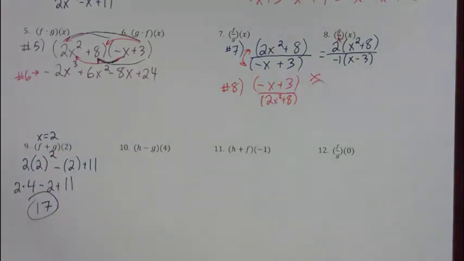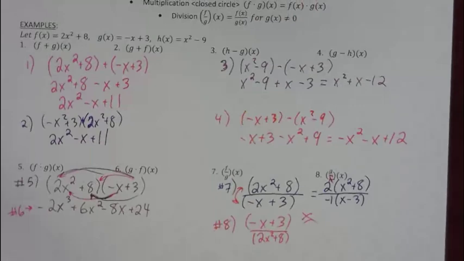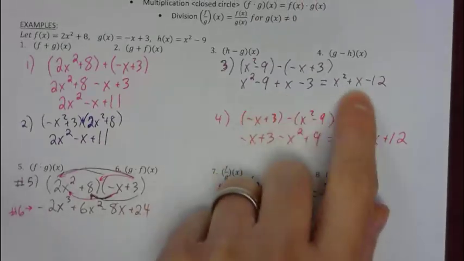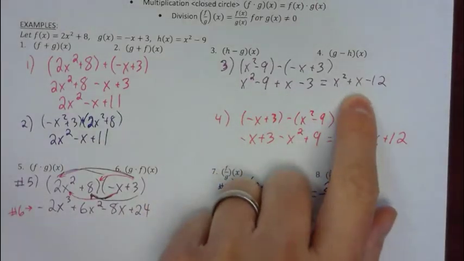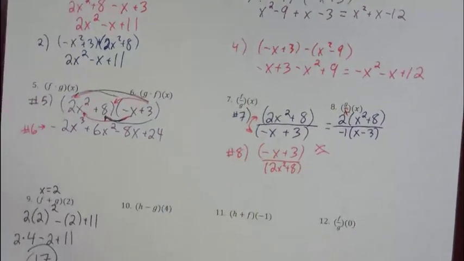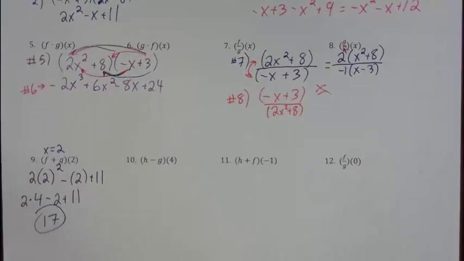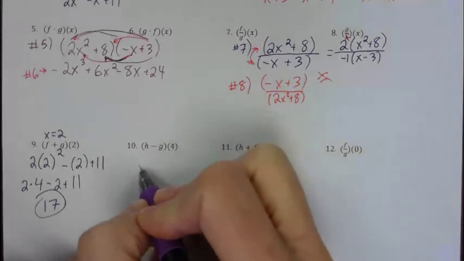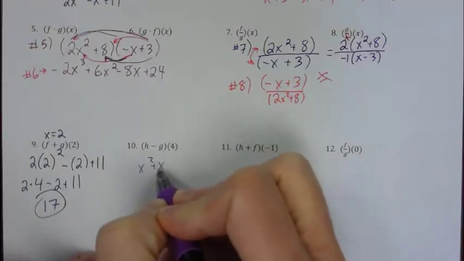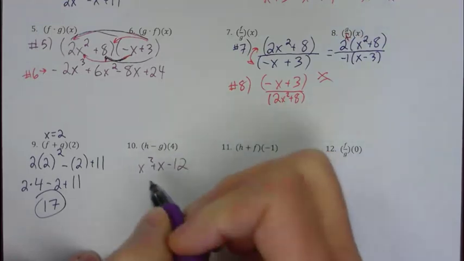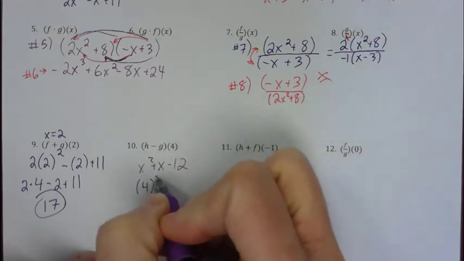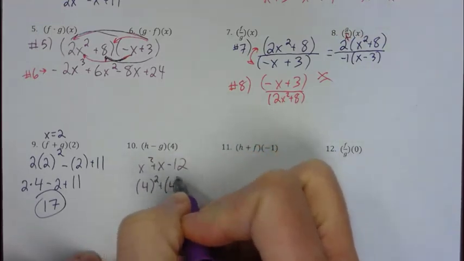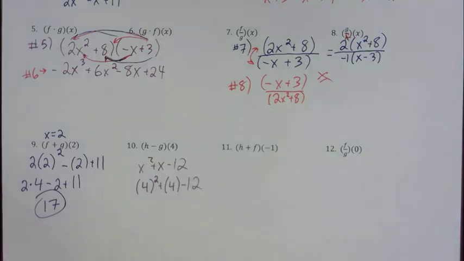We'll do h minus g next. h minus g was number 3, which was x squared plus x minus 12. I'm going to copy that down here, and I'm going to put a 4 into x and evaluate that answer.